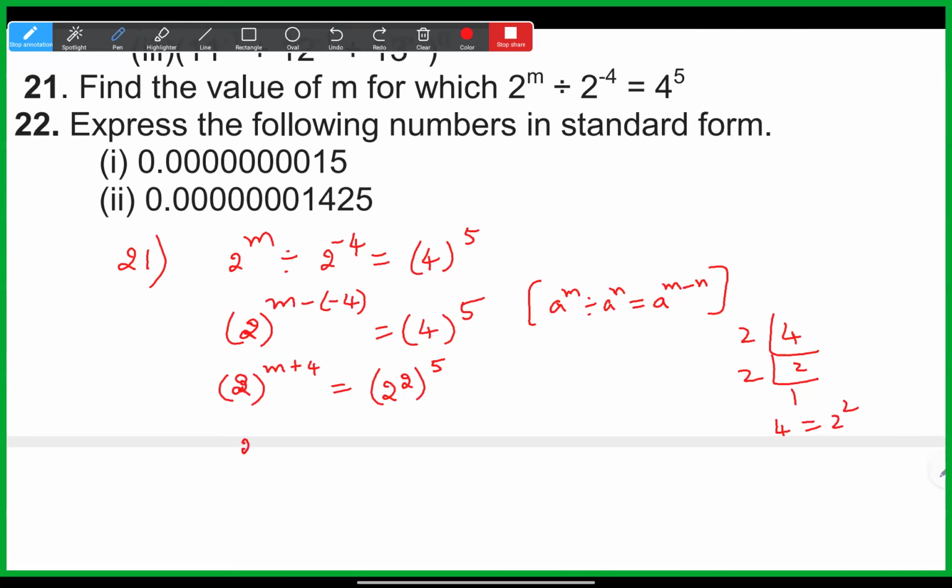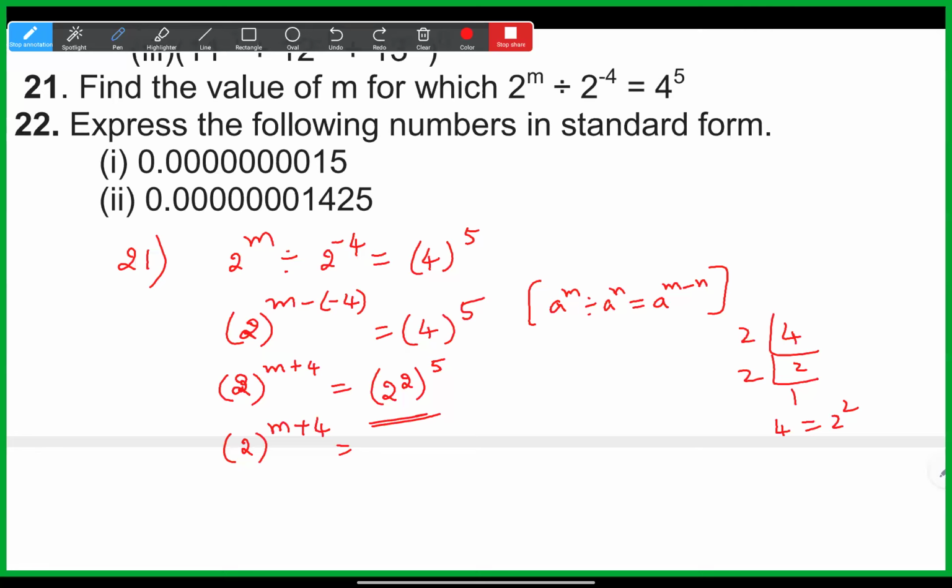So 2 power m plus 4 is equal to 2 square whole power 5. This m plus 4 we cannot change, that will remain like that only. For this part, which law can we apply?